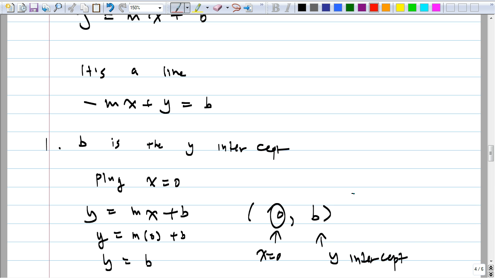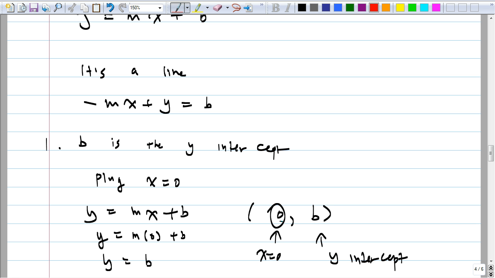What's the second part we got to show? That m is the slope. Well, how do you find the slope of a line? You need how many points? 2. You need 2 points. We have 1 point right here, (0, b). What's another point? Well, plug in x equals, what's the easiest number you can plug in? 0. Well, we already plugged in x equals 0. You could plug in y equals 0, but turns out you could plug in x equals 1 and be a little bit easier.